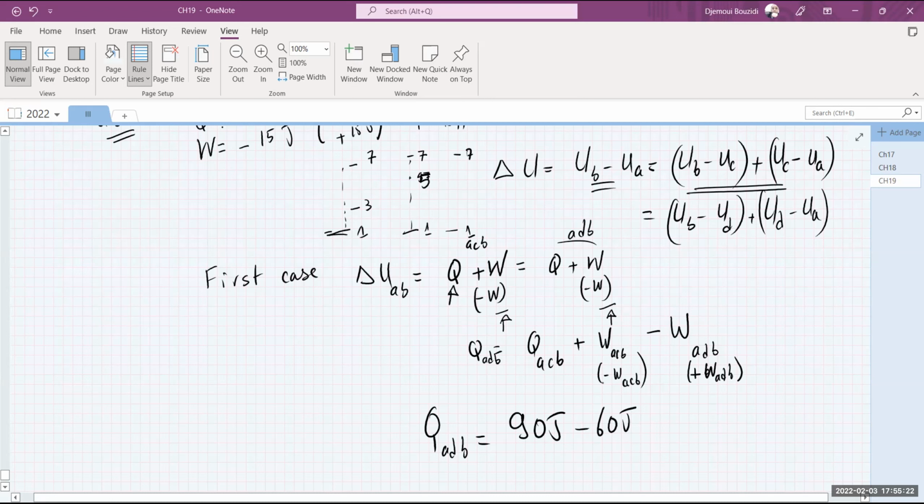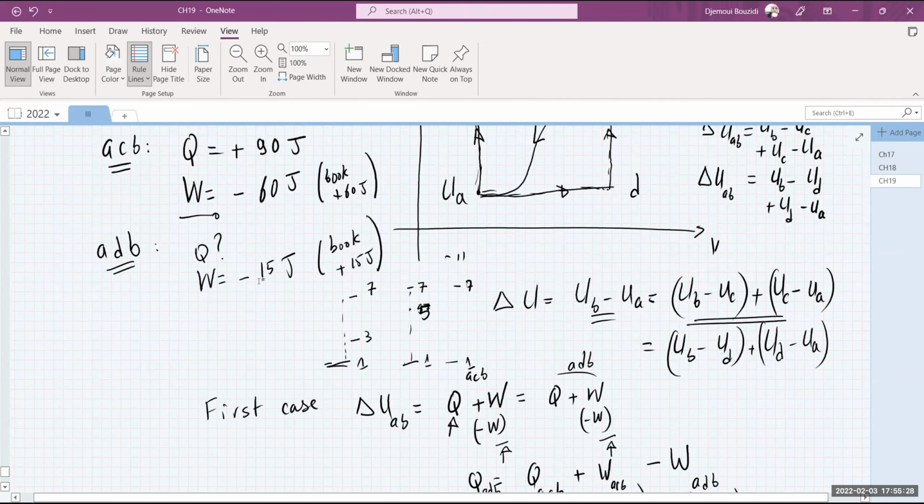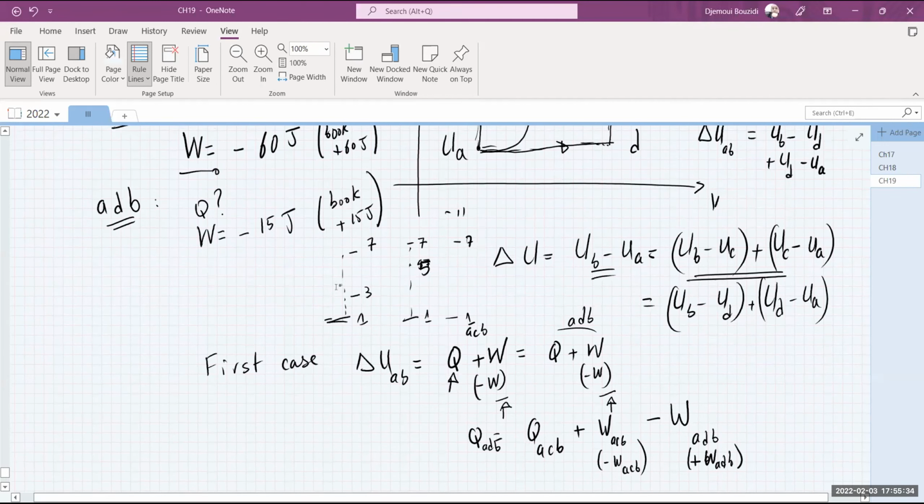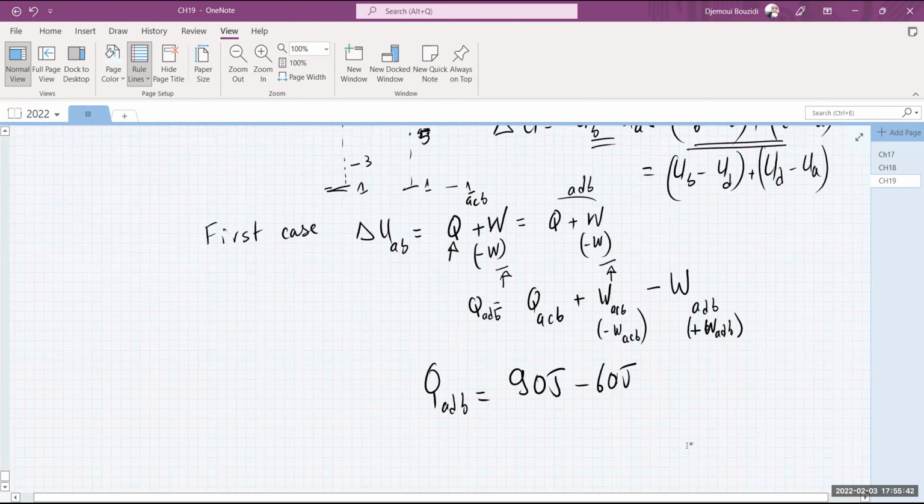Okay, so these two boil down to negative 60. This one is minus W. According to us, it's a negative 15. So it's going to be a positive 15. According to the book, it's a positive value anyway. So when you move it, it's going to be with a positive sign. So it's going to be a positive 15 no matter how we cut it.